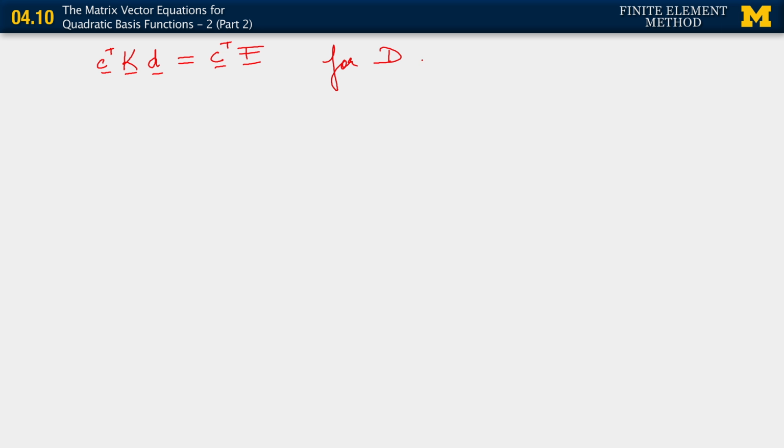So for the Dirichlet problem also we have this. So whether we have the Dirichlet-Neumann problem or the Dirichlet problem, we see that C transpose times (KD minus F) equals 0.